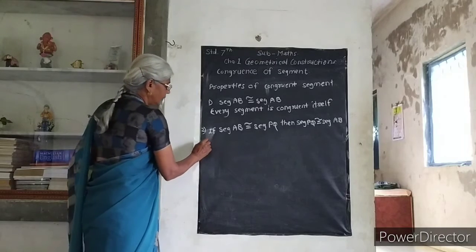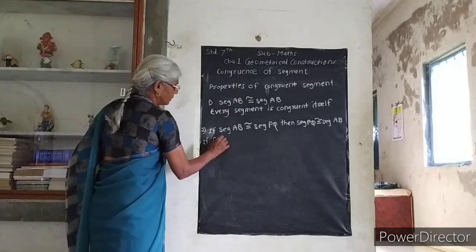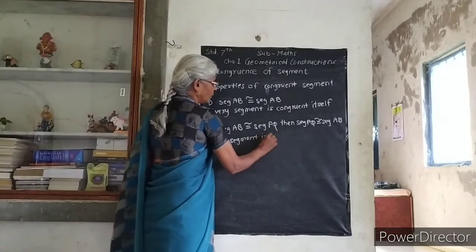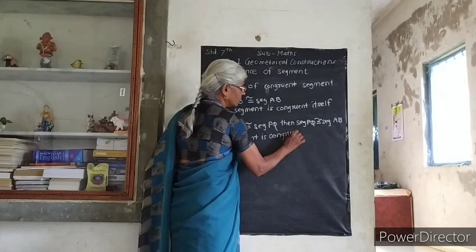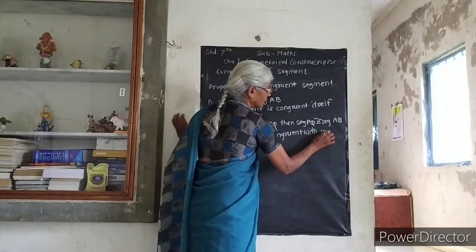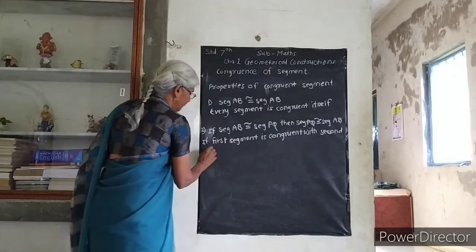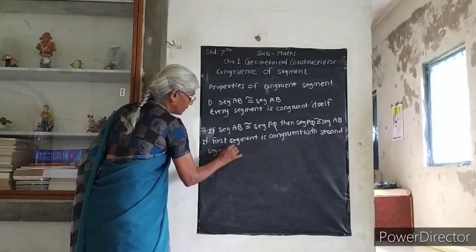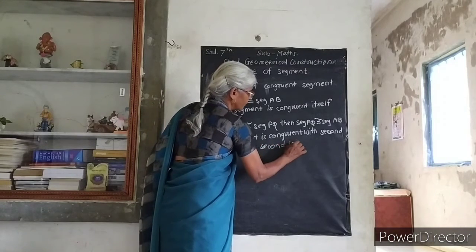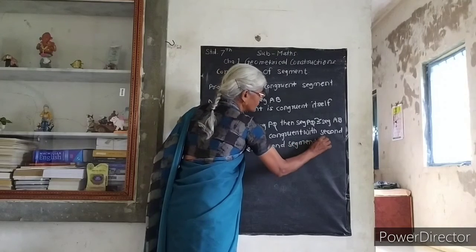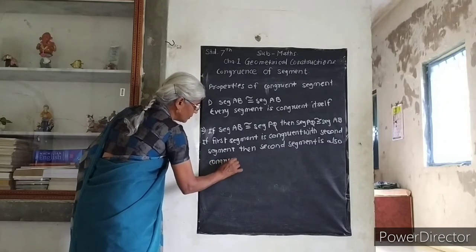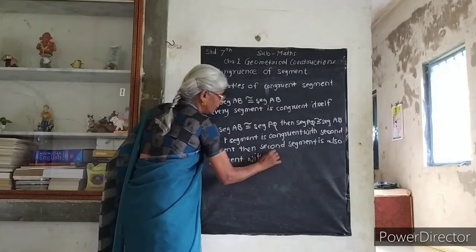Means if the first segment is congruent with the second segment, then the second segment is also congruent with the first segment.